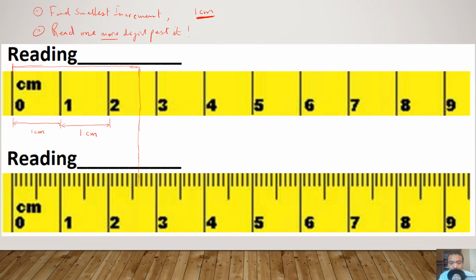Before I continue, I would like to introduce to you another concept, which is the so-called decimal place. Let's look at these examples. 10 centimeters, 1 centimeter, 0.1 centimeter, 0.01 centimeter, 0.001 centimeter.